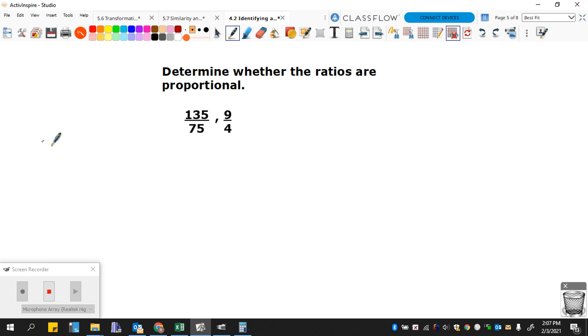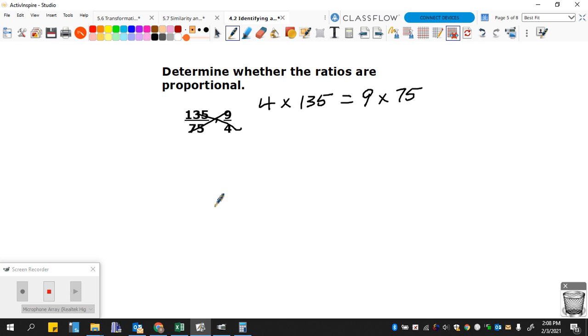Another one. Rather than circling, I'm just going to write it down. I can go 4 times 135, bottom to top, is equal to 9 times 75, just as I went across here. I went from bottom to top and then top to bottom.